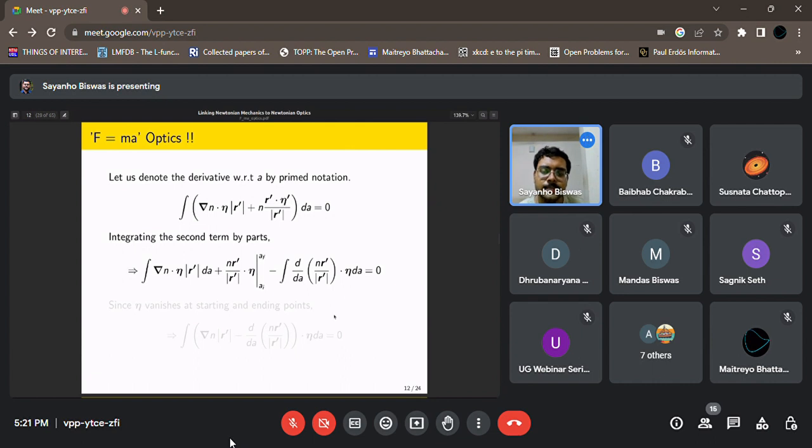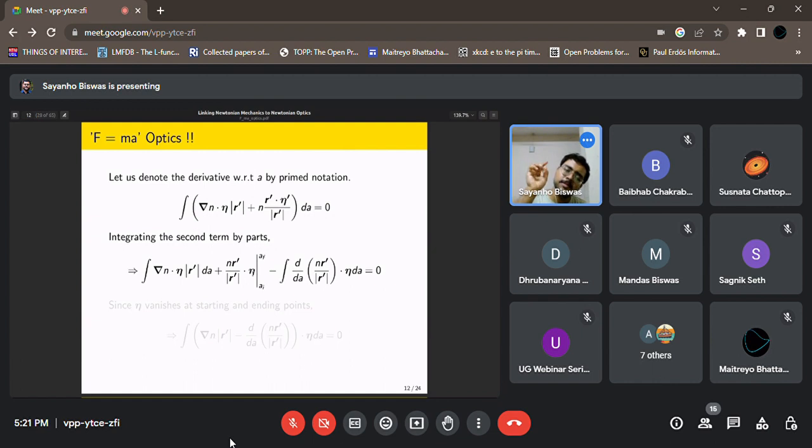Look at this once. First term remains as it is. Next term is n r vector prime by mod r vector prime dot product with eta. Why eta? Because integral of d eta/dA dA means integral of d eta.